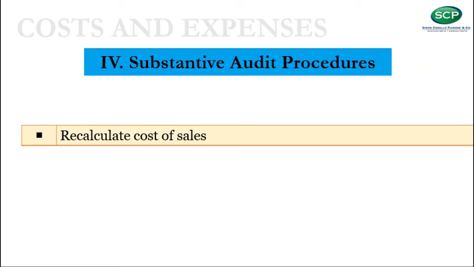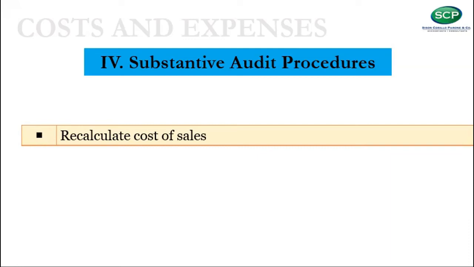Because both the ending inventory and the beginning inventory balances had been audited in the current and prior year, then the cost of sales can be tested for reasonableness by using the formula: opening inventory balance or last year's audited inventory balance plus purchases of inventory made in the current year less ending inventory balance.